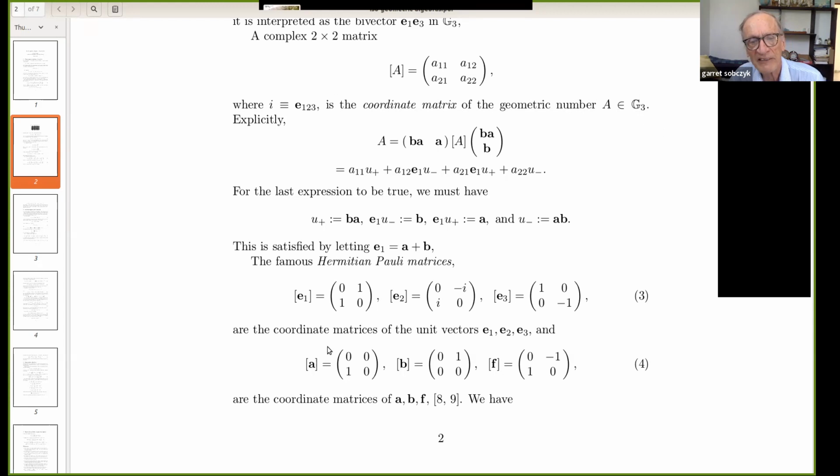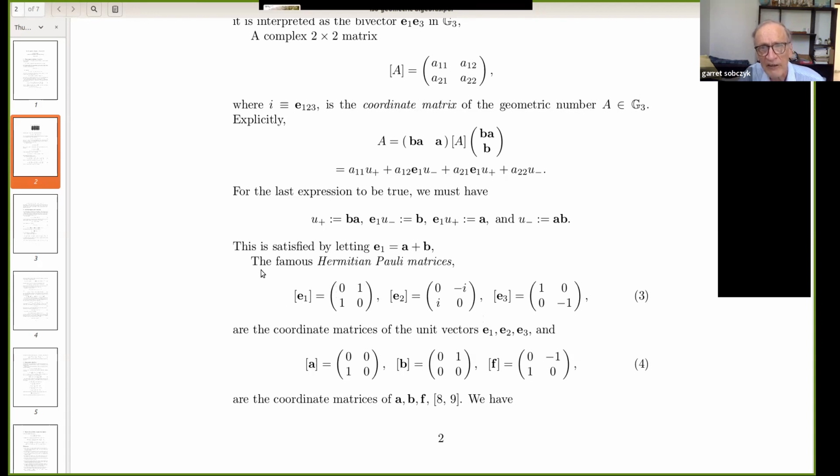And if you consider E1 and F1, E1 is just 1, 1. Well, that's a matrix which has square plus 1, the identity matrix, whereas F, this matrix 1, minus 1, has square minus the identity matrix. So that's why I call these the usual Pauli matrices here.